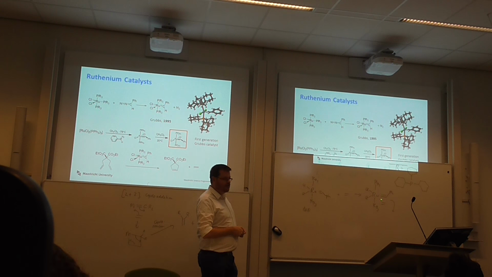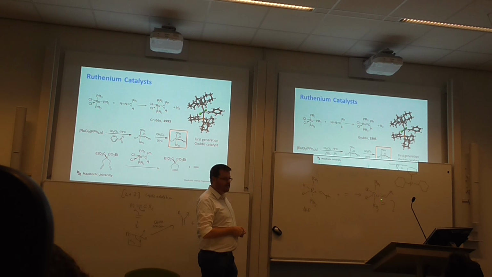So what is required is that the tricyclohexylphosphine at the bottom here, check it out, needs to decoordinate from the ruthenium, which happens because it's in solution, so you have these complexation equilibria, and we form a 14 valence electron hot reactive species, which then picks up the alkene.